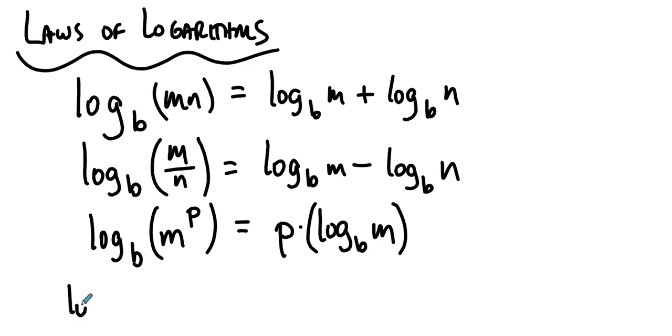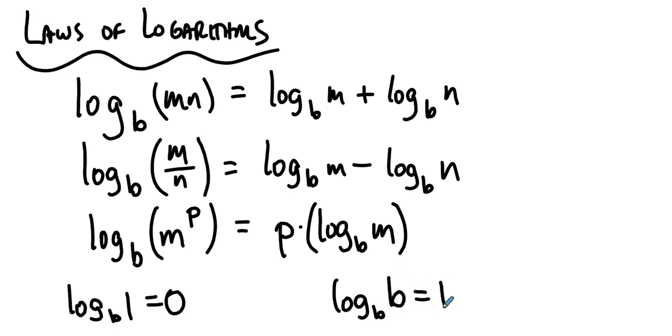I will also note that the log of 1 is always 0, no matter what the base is. And the log of the base in the base is always 1. It helps here to rewrite this as b to the 0 is 1, and this as b to the 1 is b, to convince yourself that yes, this should be true.